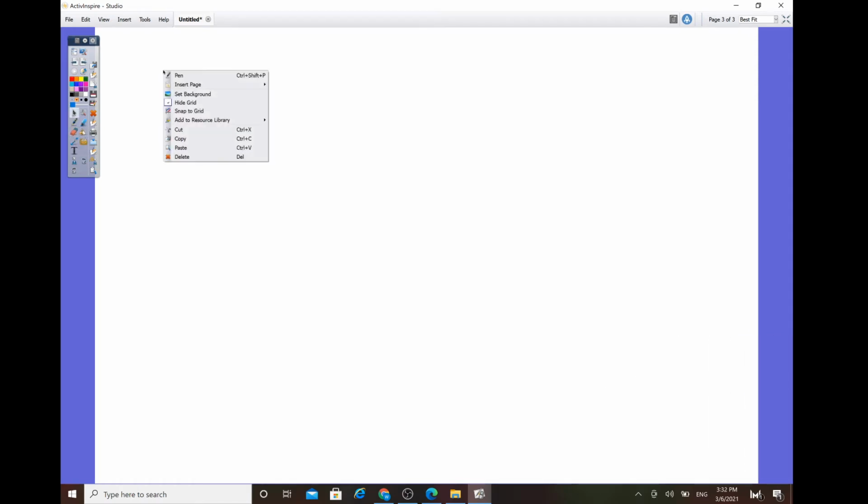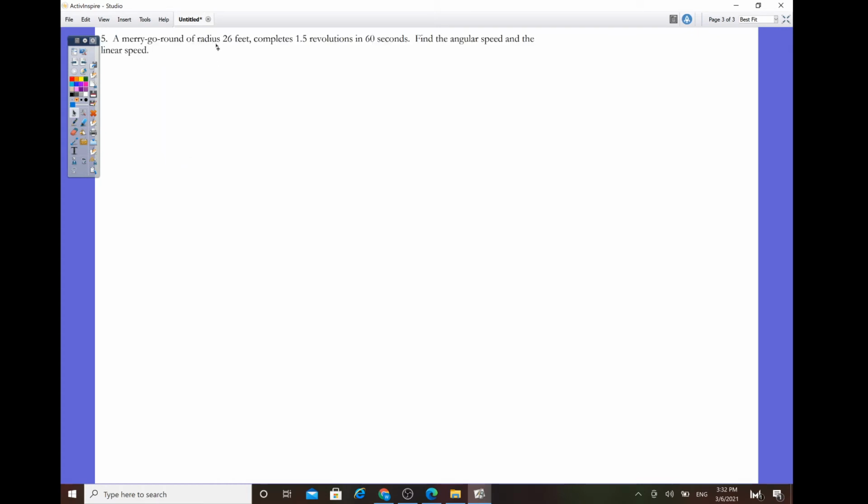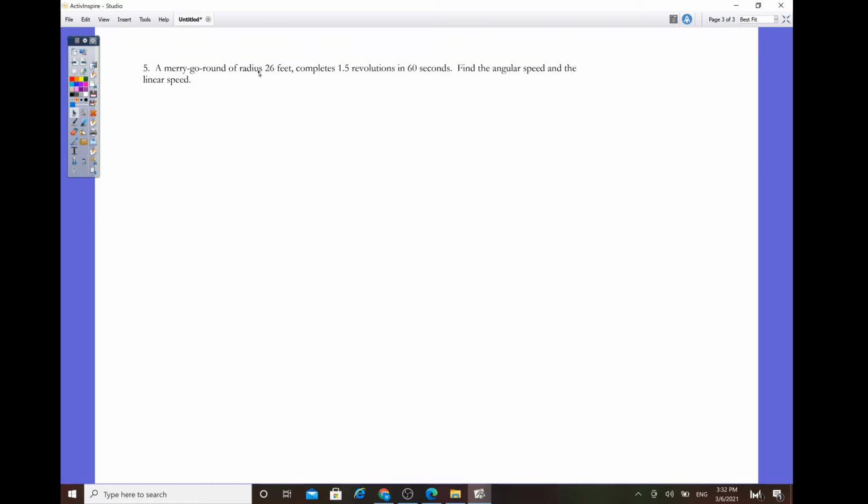Okay, so let's talk about this. Anytime that we do have an arc length, not only do we need to find out the distance, but also how fast the machine runs, okay? So we need to find out the linear speed.